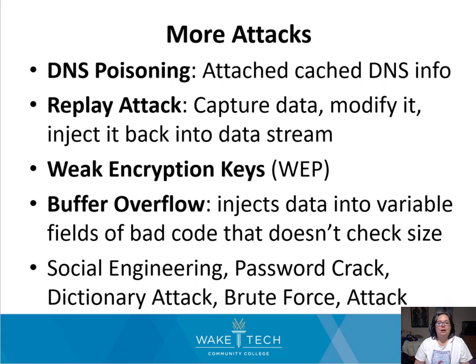Hi, we're on another slide of attacks, and we're going to look at DNS poisoning. That word should be attacked: attacked cached DNS info. So DNS poisoning is looking at an upper level DNS table, something that feeds some users.